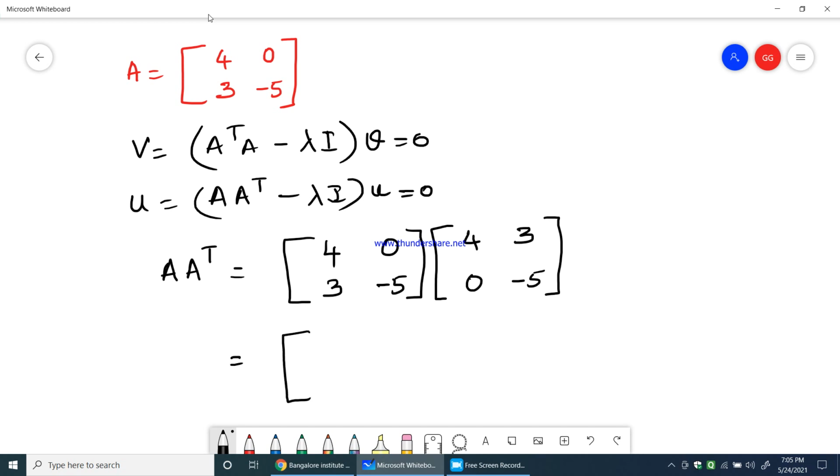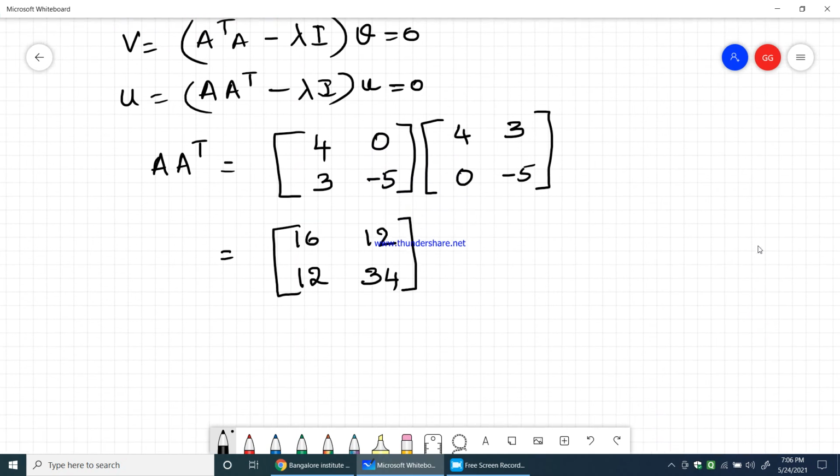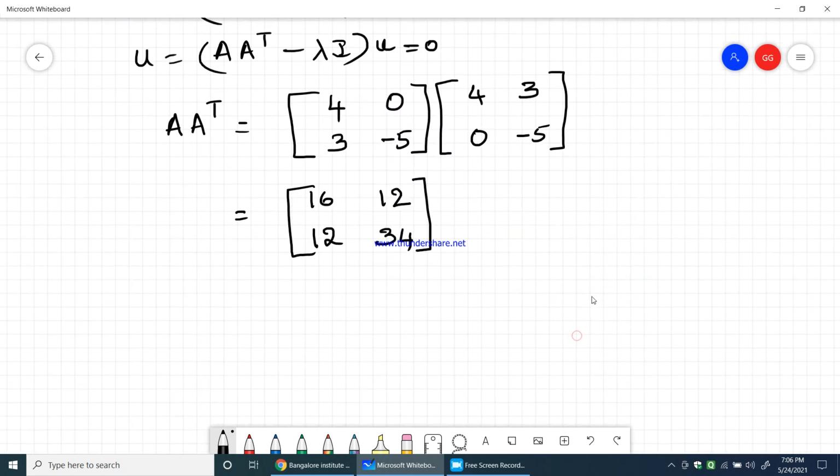Now 4 into 4 is 16, plus 0 into 0 is 0. 4 threes are 12, plus 0 into minus 5 is 0. 3 into 4 is 12, minus 5 into 0 is 0. 3 into 3 is 9, plus 25, because minus into minus is plus, so 9 plus 25 is 34. So we got 16, 12, 12 and 34, which is A into A transpose.